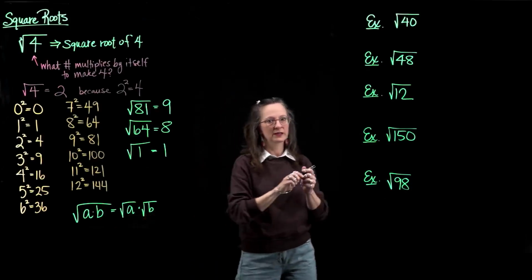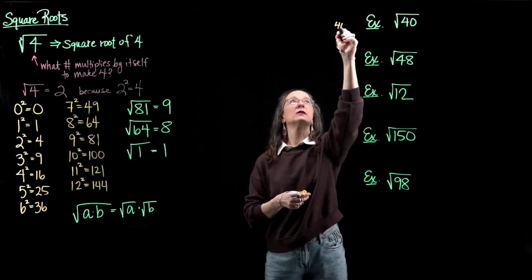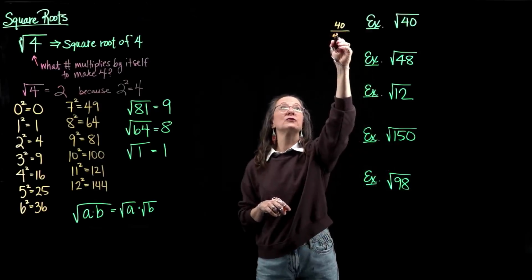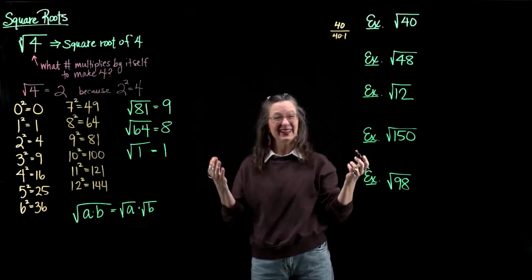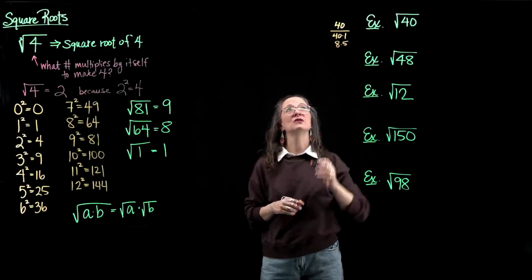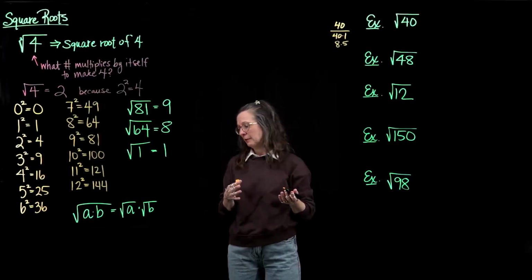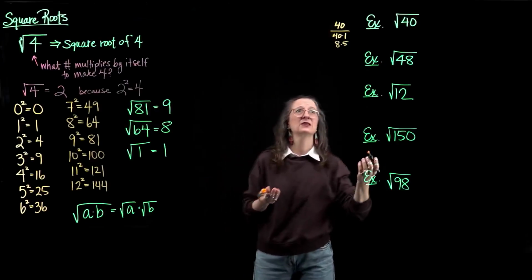Now, there's a lot of ways to multiply together to get 40. So I might make a little list for myself out here. 40 could be rewritten as 40 times 1. Well, we've already decided that's not helpful, right? Because 40 is not a perfect square. We could write it as 8 times 5, which is true, but neither 8 nor 5 is a perfect square.